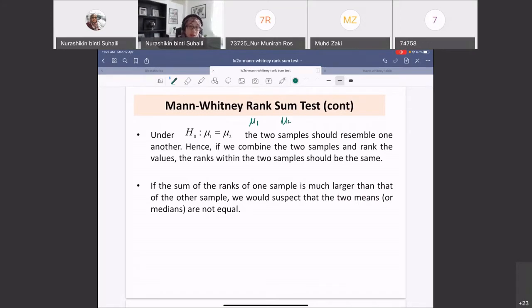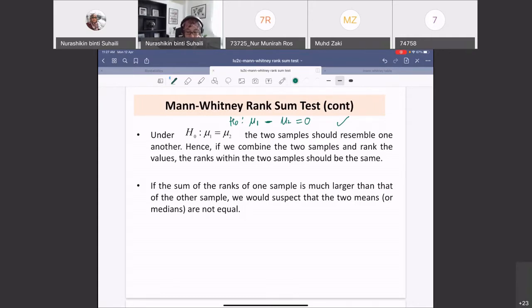We denote them as 1, 2, or A, B. Okay, so the null hypothesis will say that there is no difference in the mean between the 2 samples, or mu1 is equal to mu2, or you can also say mu1 minus mu2 is equal to 0. It's also the same. The bottom line is that there is no difference between the 2 samples in terms of the average.